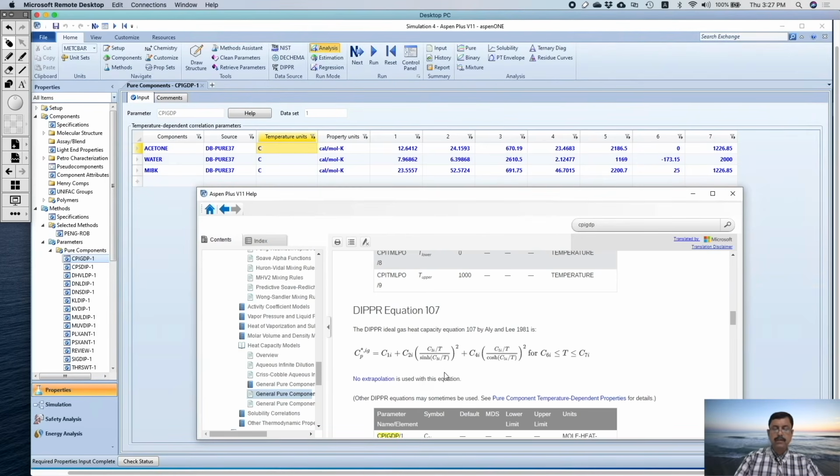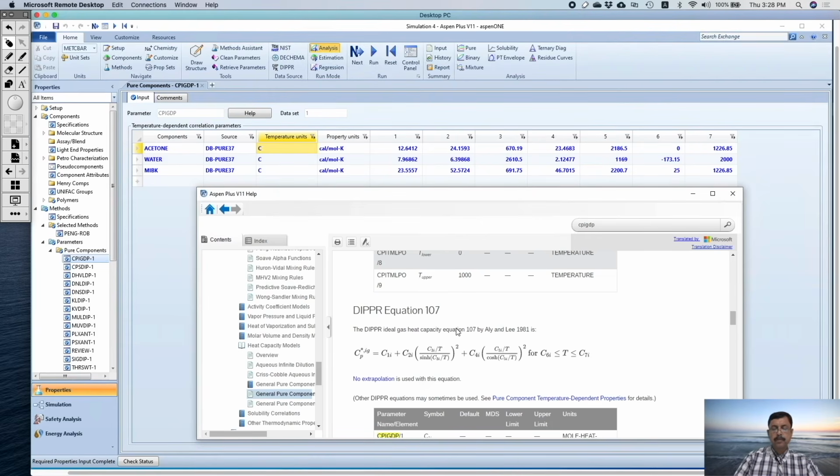And this particular equation is valid from C6 to C7, 0 to 1226.85. That means this is in temperature unit. So this particular equation is valid between 0 degree centigrade to 1226.85 degree centigrade.